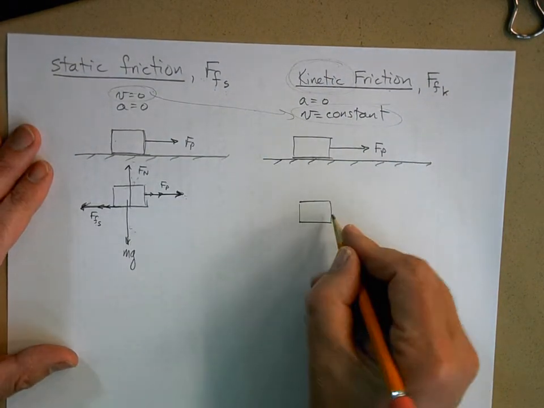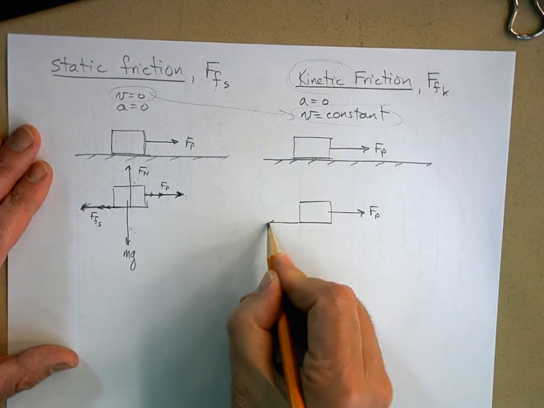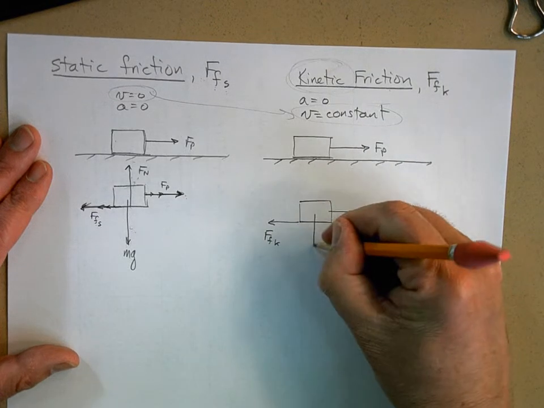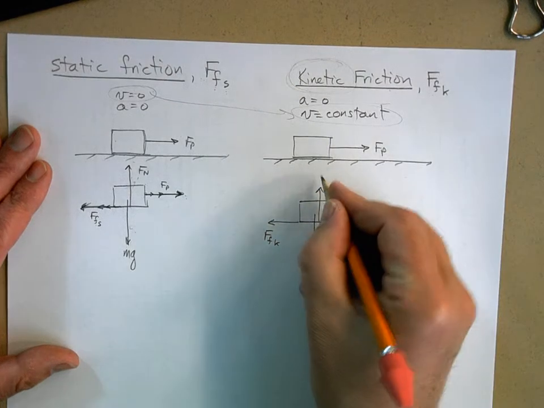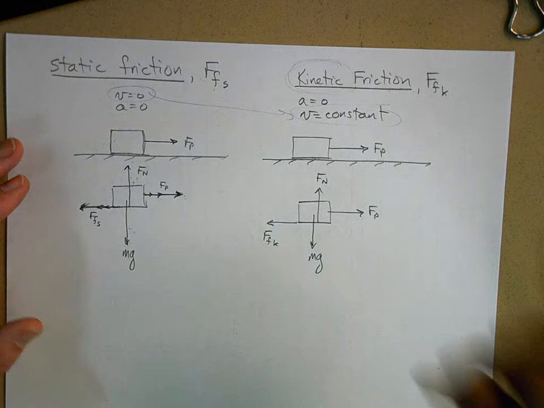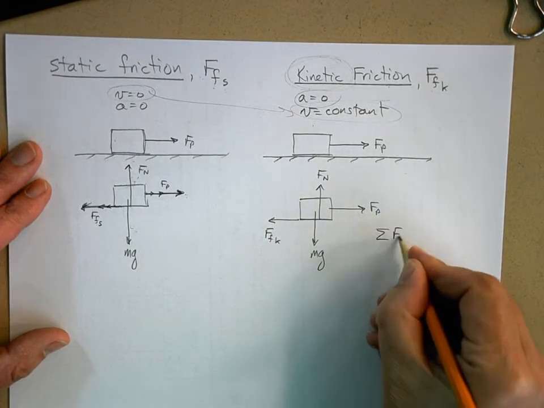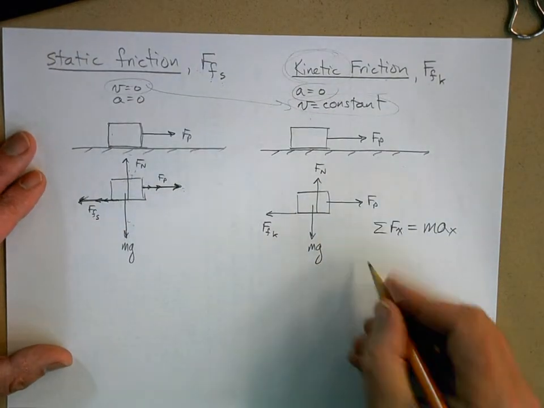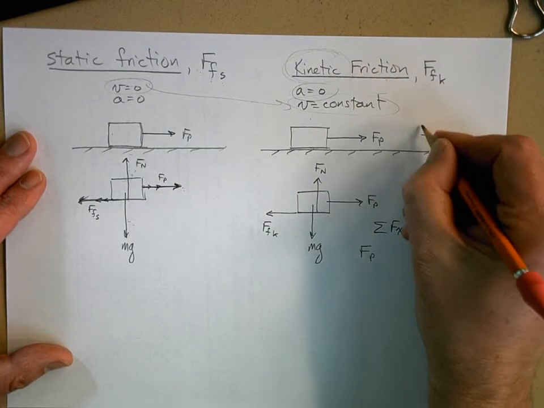So I'm going to have this pulling force, and I'm going to have this force of kinetic friction, and I'm going to have our weight, and I'm going to have our normal force. But if the acceleration is 0, if I sum the forces in the x direction and say that's equal to ma in the x direction, we'll say this is positive x and this is positive y.